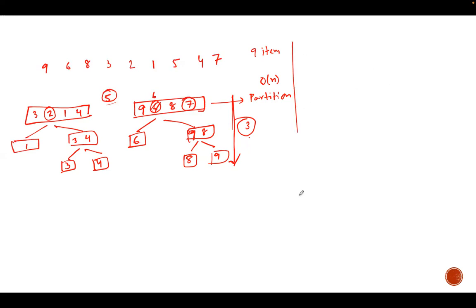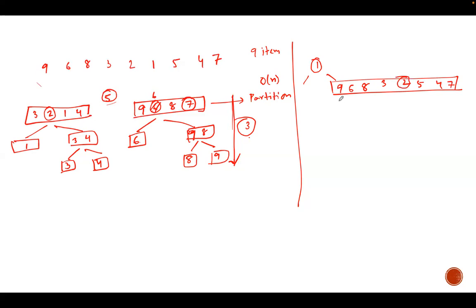Now let's see another example with the same array. Let's pick pivot 1. If we pick pivot 1, on our left there is not going to be any value, but on our right we'll have all the items: 9 6 8 3 2 5 4 7. Now pick 2.